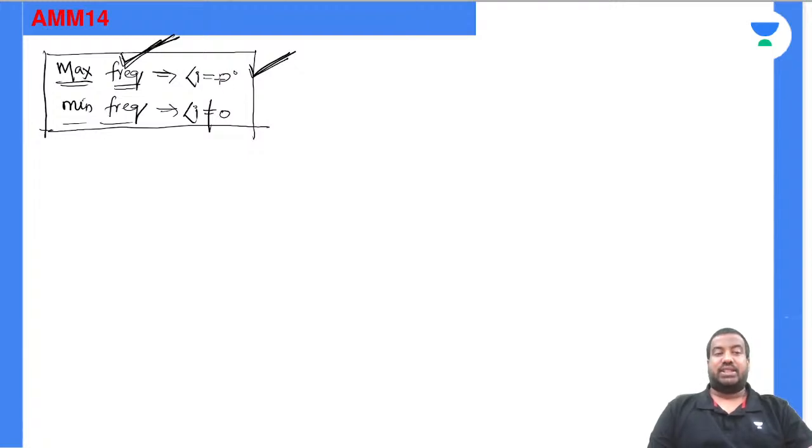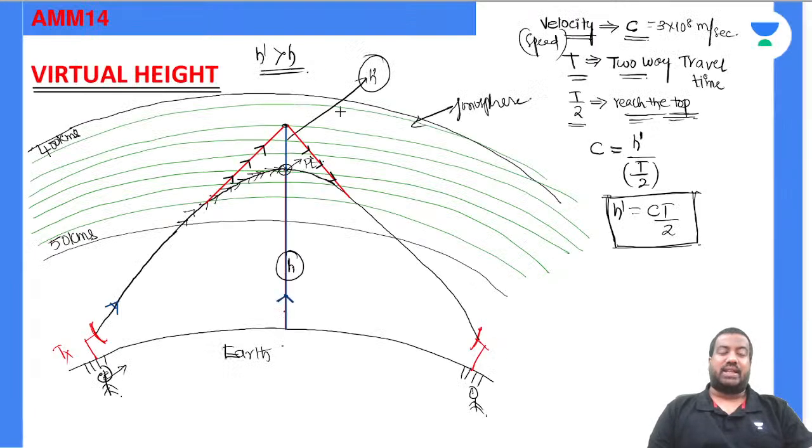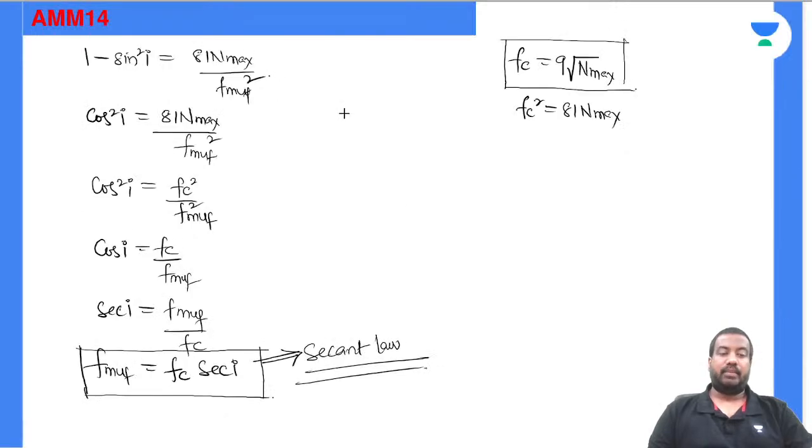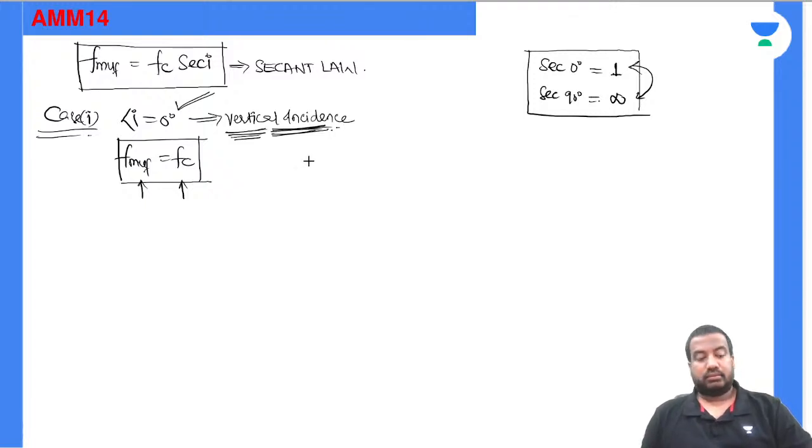When incident angle is 0, Fc, the critical frequency, must be the maximum frequency that can be reflected back by the ionosphere, which is the maximum usable frequency. That means FMUF and Fc must be equal when incident angle is 0, and you are getting the same result here. FMUF will be equal to Fc when incident angle is 0. That means at vertical incidence, both FMUF and Fc are the same. Is it clear?